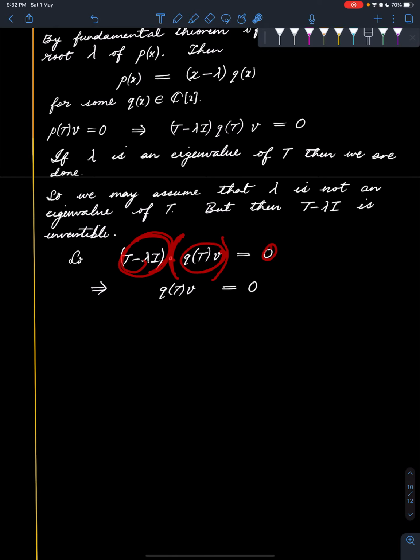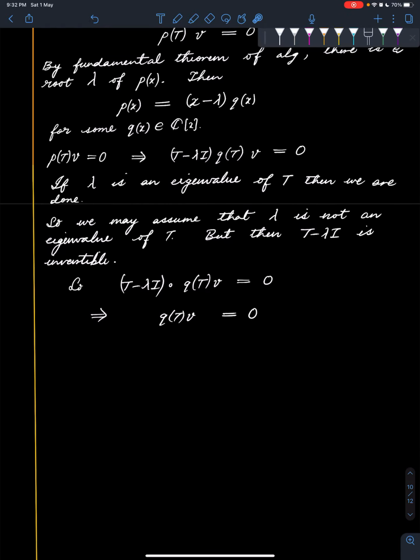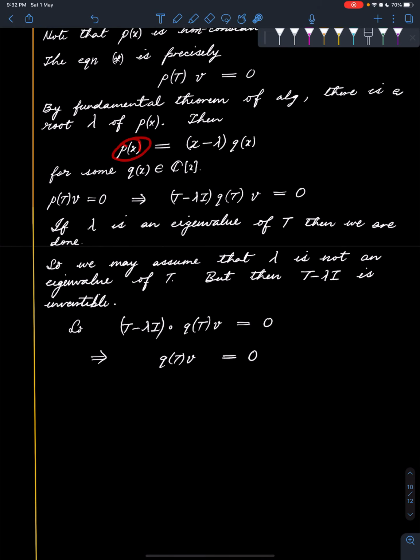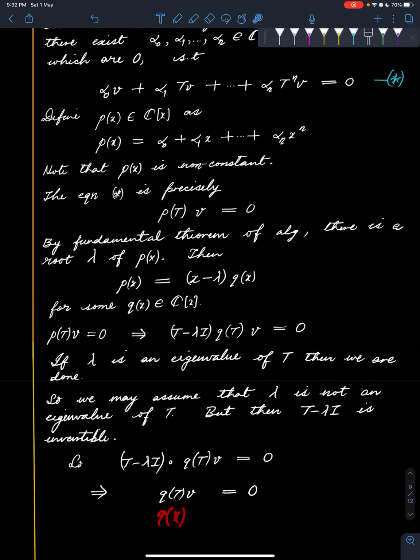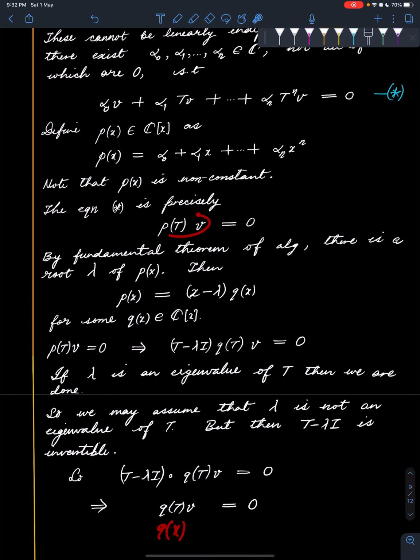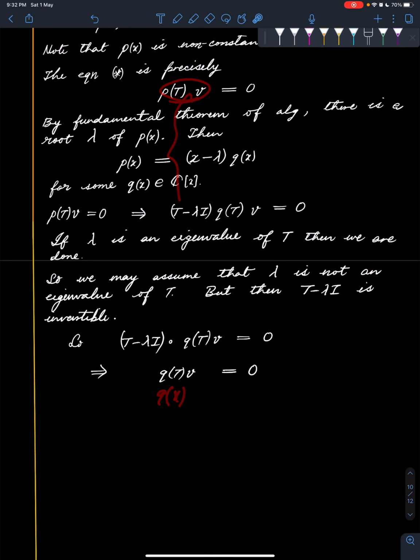But if an invertible linear operator produces 0 on a vector, that vector must itself be 0. So we get this is 0. And now we can reapply the same thing that we did. Whatever we did to Px, now we can do to Qx. Our leverage was this equation, P(T)v equals 0, and then we were able to do this business. And we obtained a polynomial of smaller degree which satisfies the same equation.